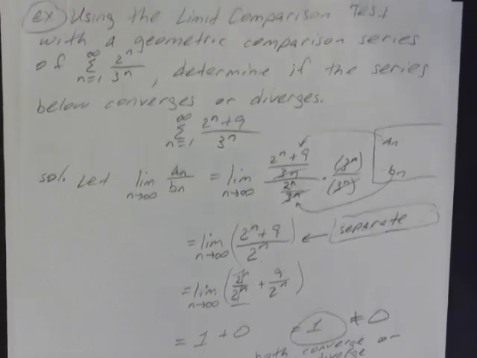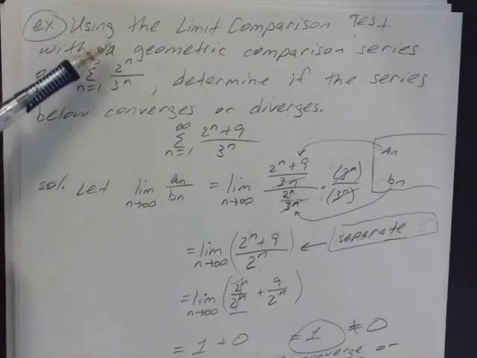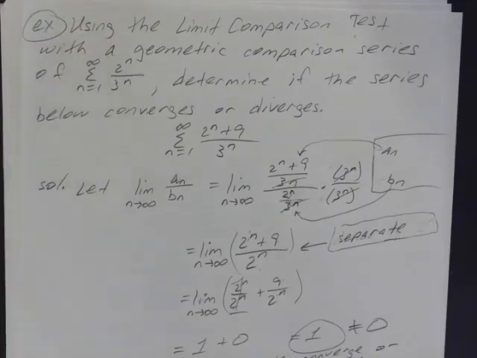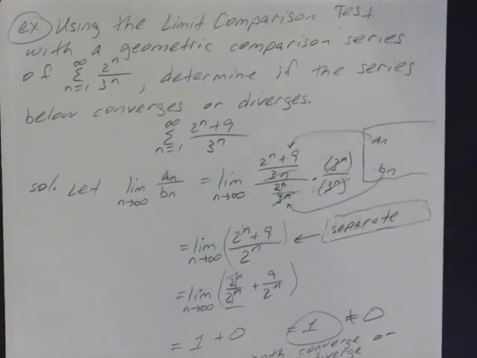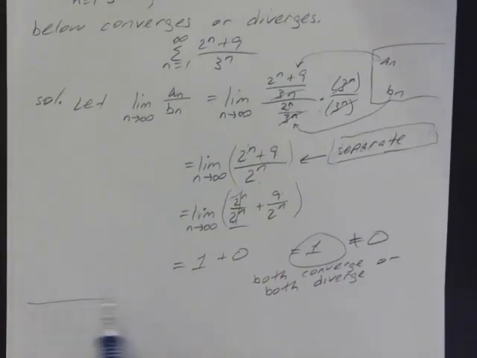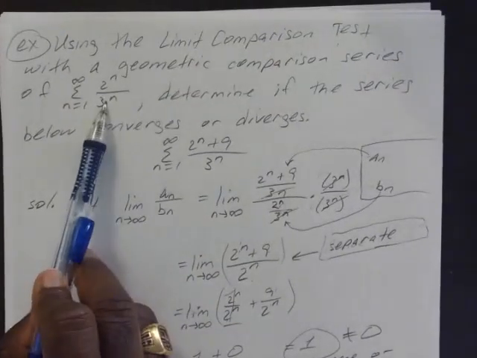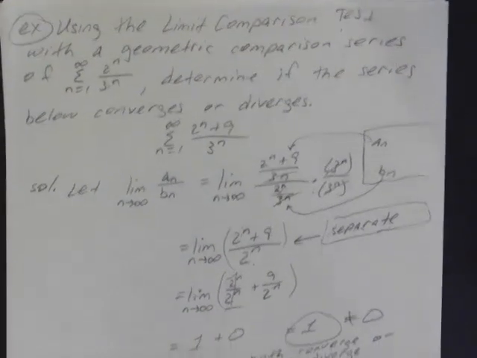Okay. Well, for this one, they wanted us to use the limit comparison test with geometric comparison. So what we're going to do is use the geometric series on this series.